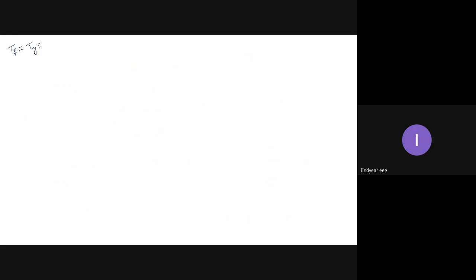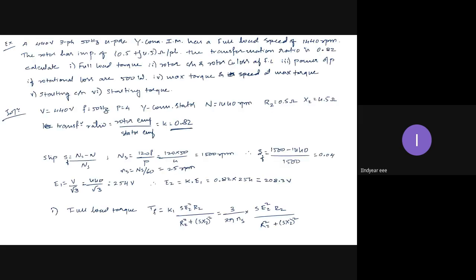Okay, you should not forget this. TF is nothing but my TG. This is the torque developed in the rotor. This is not the torque transferred to the load. Torque transferred to the load is TSH. This is the full load torque developed. Always, the equation whatever we have seen is the torque developed in the rotor. So the developed torque is always the gross torque.